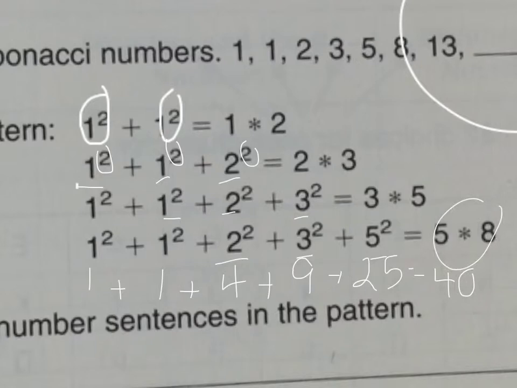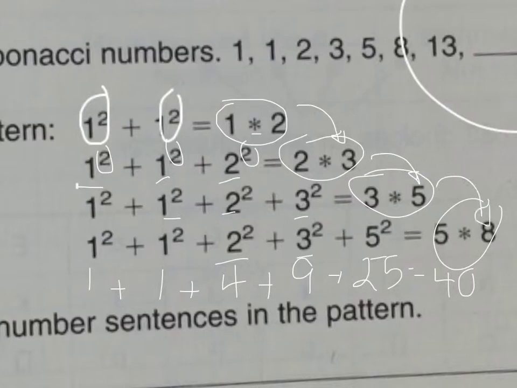And as you can see, we're continuing the Fibonacci sequence. Do you see what I mean? I know we're doing multiplication, but it continues it. 1 plus 2 is 3. 2 and 3 is 5. 3 and 5 is 8.